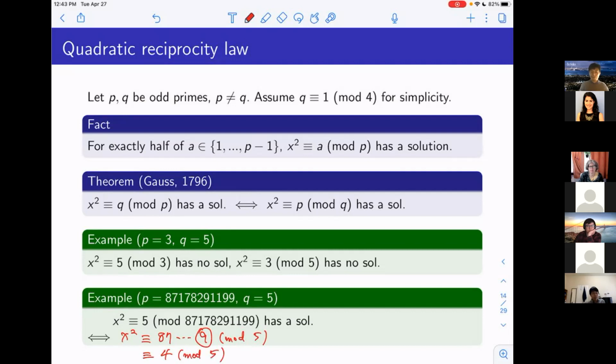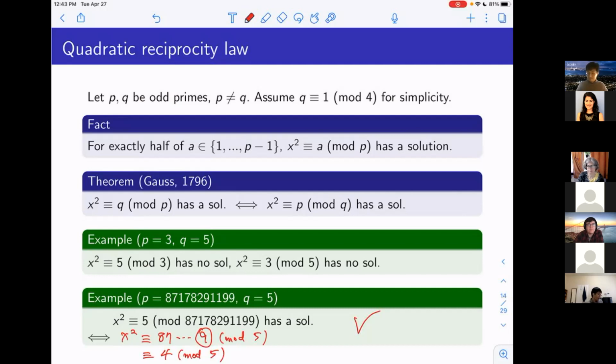Then it's pretty easy to see that it has a solution on the nose, namely x equals 2, for instance. Because this number is a square modulo 5, 5 is a square modulo this huge number. So that's one application of quadratic reciprocity.